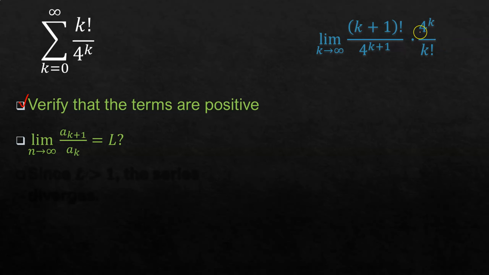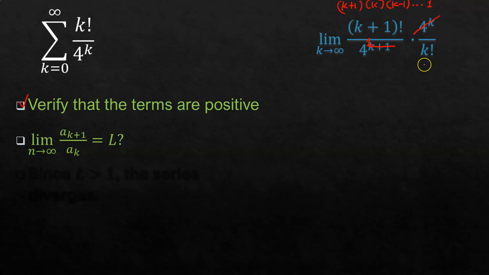Okay. Again, 4 to the k power is going to cancel with 4 to the k power here, so you'll have just 4 to the first power, which is 4. And then k plus 1 factorial is k plus 1 times k times k minus 1, and so on, all the way down to 1, right?